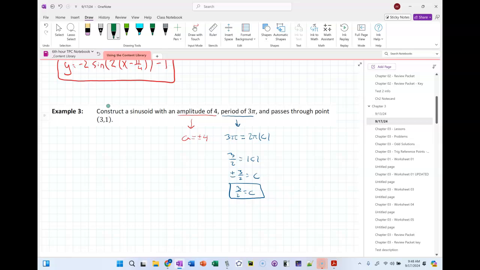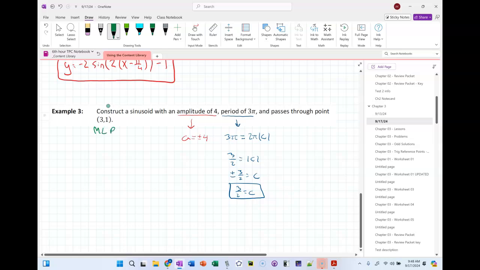You can just decide. You can still get a correct answer no matter where you decide to put it on your function. But let me tell you what, you can make this problem really easy or really hard based on this choice. The easiest choice is to choose this to be a midline point.